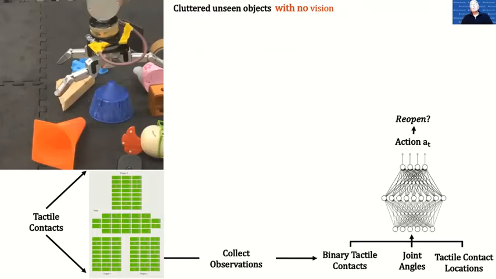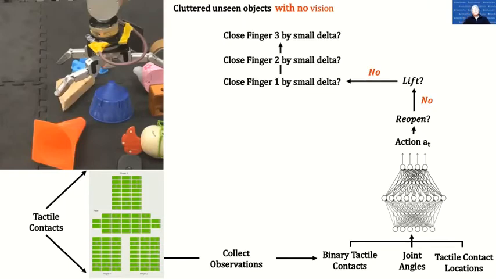Do we reopen the fingers because it's a bad grasp? No. Do we lift it because it's a good grasp? No. What do we do? We want to close the fingers by a small delta, which is going to emulate closed loop control, and try to get this into a situation where we can get a better grasp.